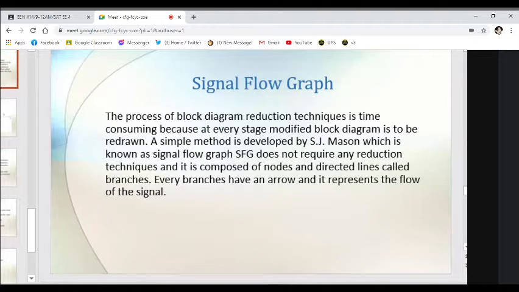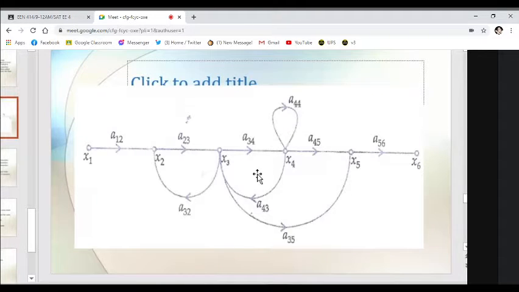It does not require any reduction techniques and it is composed primarily of nodes and directed lines called branches. Okay, so this one is your example of your signal flow graph. As you can see, yung mga X values, that is a node. Tapos yung mga A1, 2, A2, 3, those are your branches.